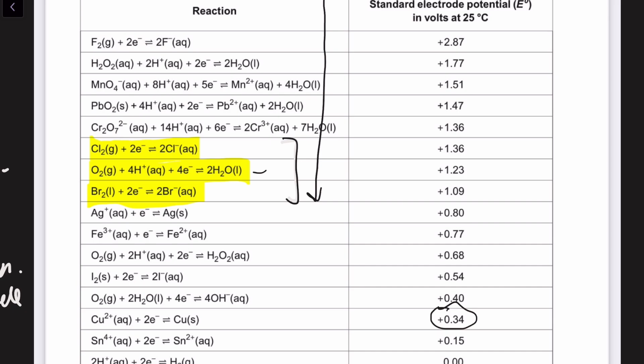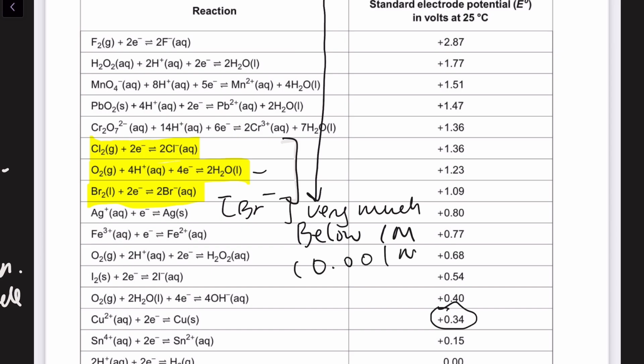And if we have non-standard concentrations, for example, if the concentration of the bromide ion is very much below 1 molar, so maybe 0.001 molar, then this reaction becomes very hard to do. So although we expect the bromide ion to react first, because of such low concentration, we may actually see water reacting first.